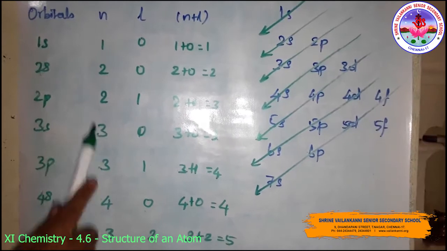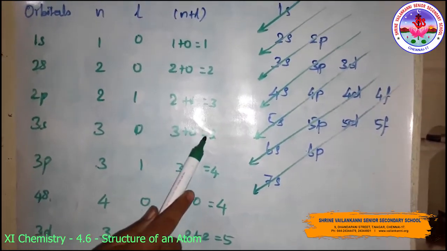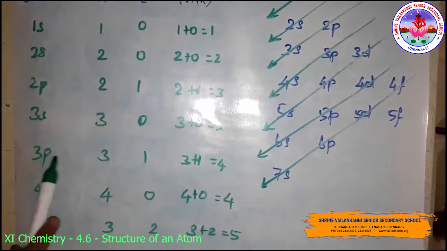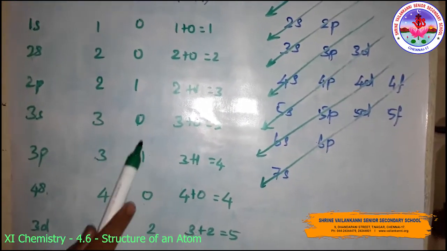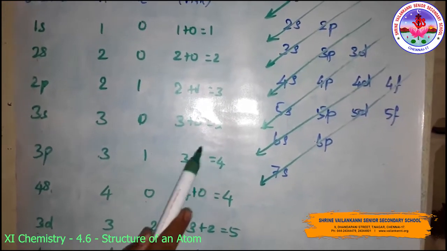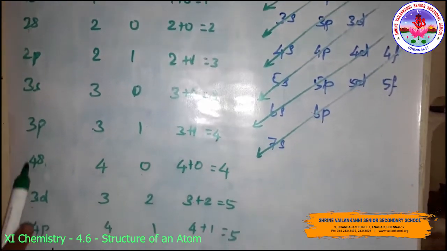Now 3s: n is equal to 3, l is equal to 0, so 3 plus 0 is 3. Then 3p: n is equal to 3, l is equal to 1, so 4. Here the 3p has lower energy than the 4s.